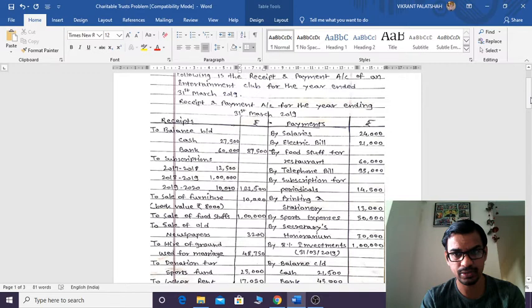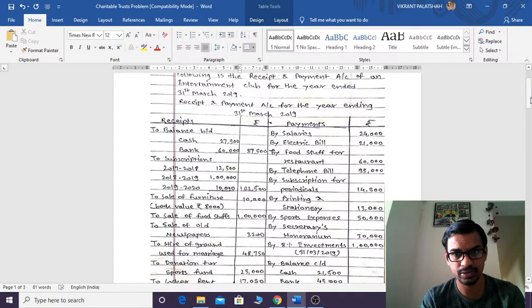To the income side of the income and expenditure account, it is the amount of subscription. Subscription is the most important adjustment under a non-profit making organization. The total amount of the subscription that is mentioned under the receipt and payment account, how much is that?